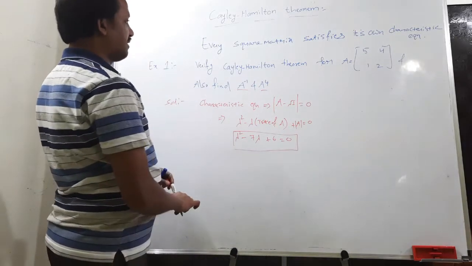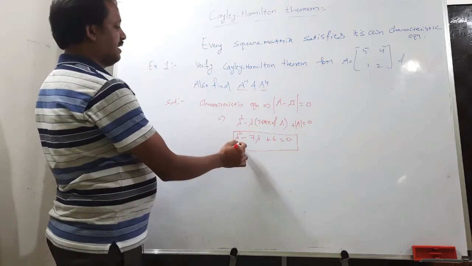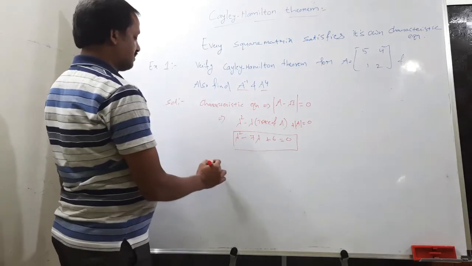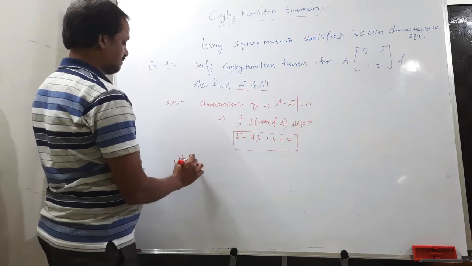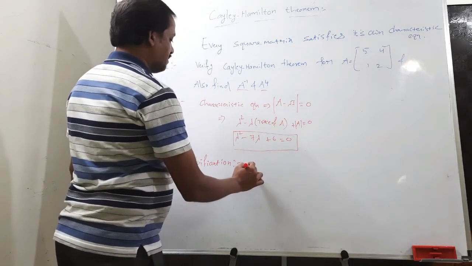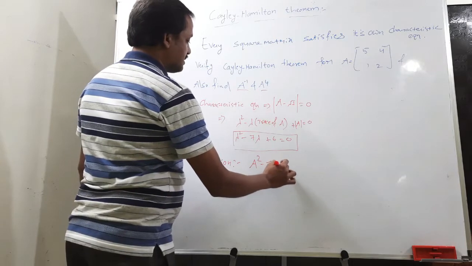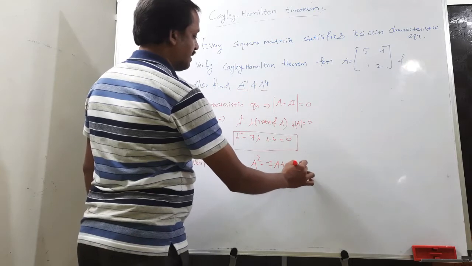We need to verify that if you substitute A in place of lambda, it satisfies, meaning it will give the answer as 0 0 0. So we need verification. To verify, we need to find A square minus 7A plus 6, and we need to multiply the constant with the identity matrix.